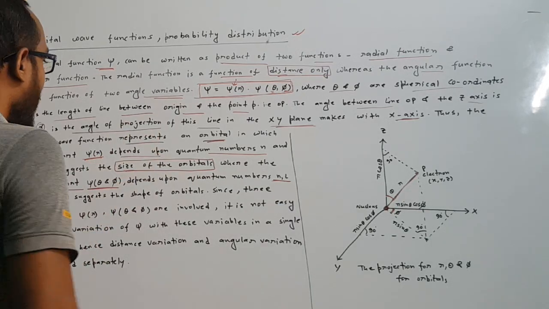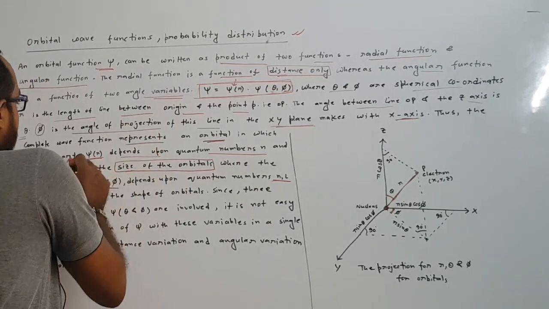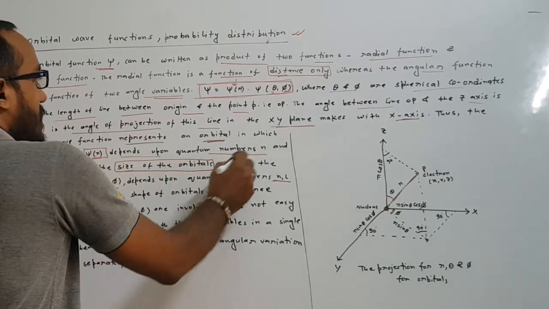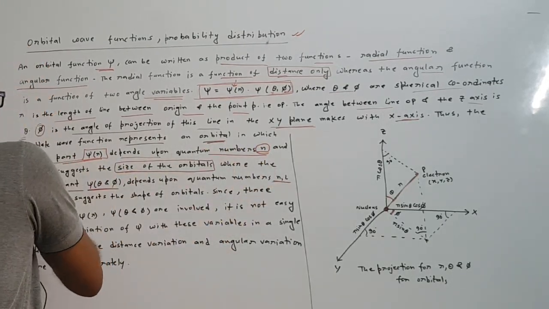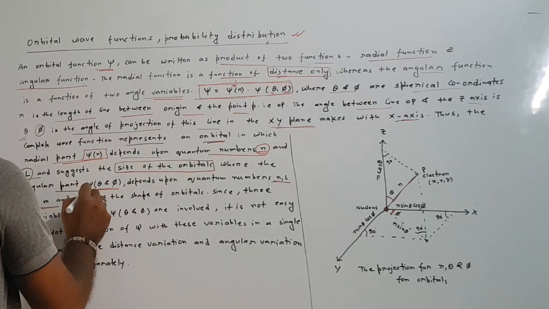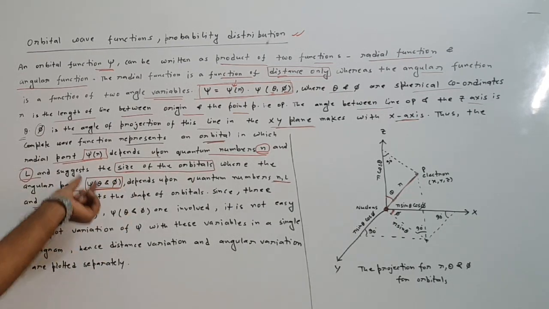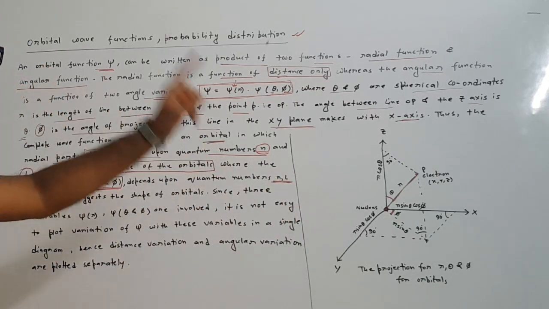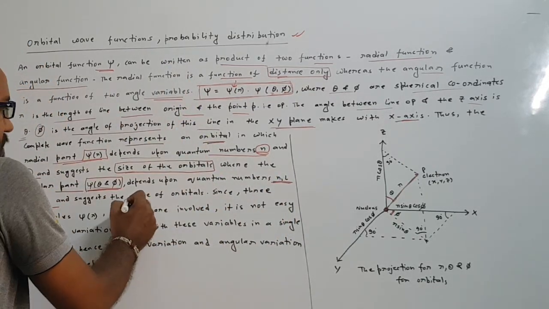Please be careful here. The radial function, that is psi of r, depends on the quantum numbers n and l, whereas the angular wave function, psi of theta comma phi, depends upon three quantum numbers, that is n, l and m, and suggests the shape.